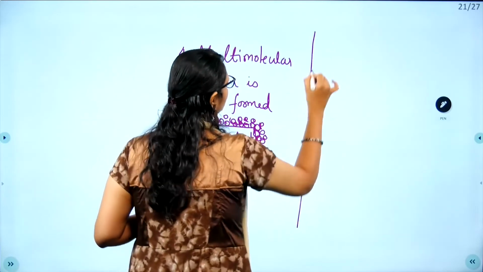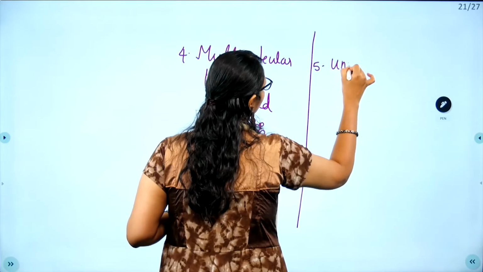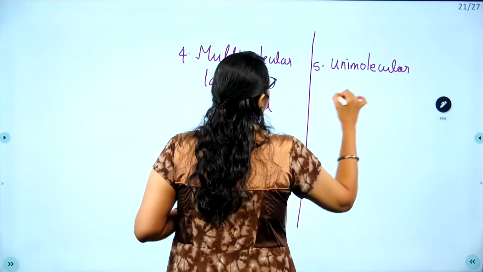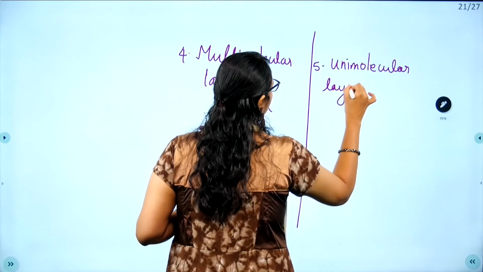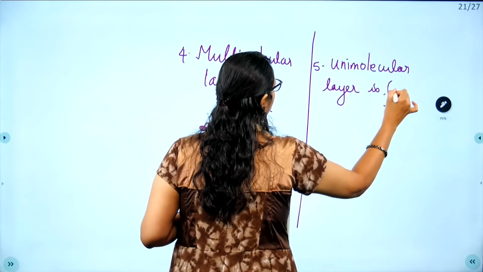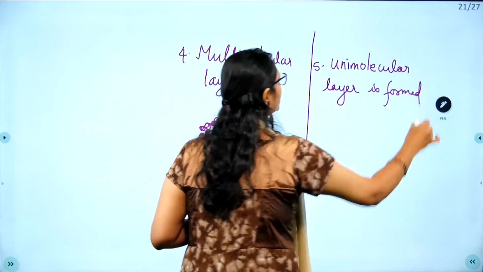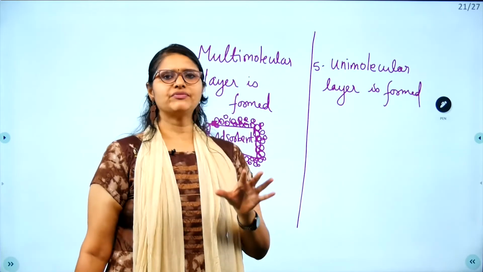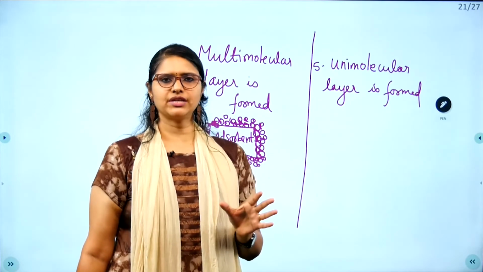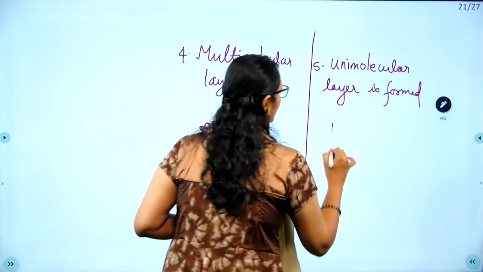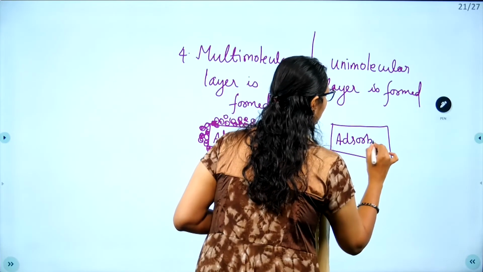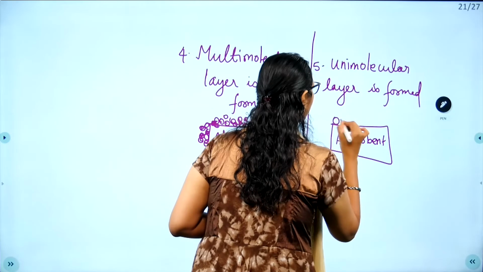Whereas in chemisorption, a unimolecular layer is formed. Why? Why is a unimolecular layer formed? Because adsorption is so specific, no? Chemisorption is so specific in nature. So if this is the adsorbent, only one type of layer can be formed.